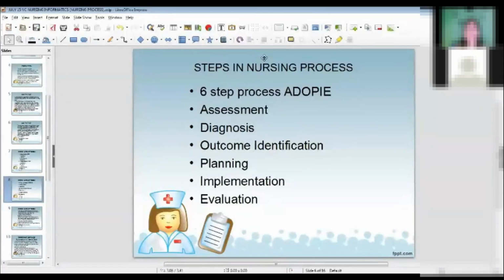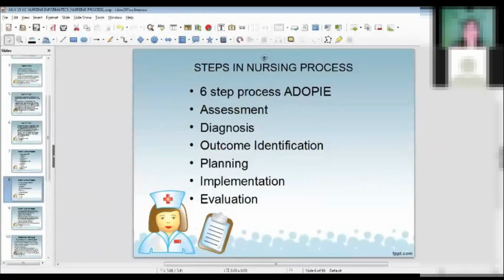We can also observe the facial expression of our patient, which is frowning, and that signifies that something is wrong with the patient. So these are the objective cues, those cues that we can see or observe from our patient.